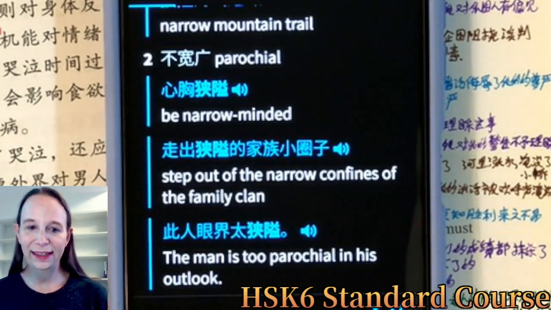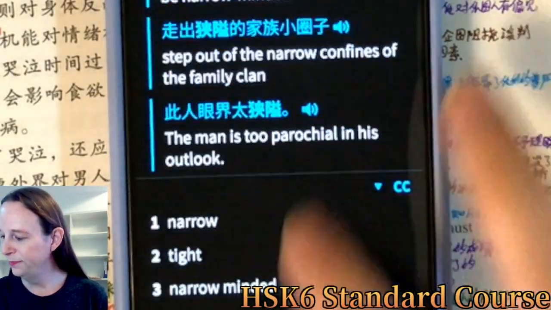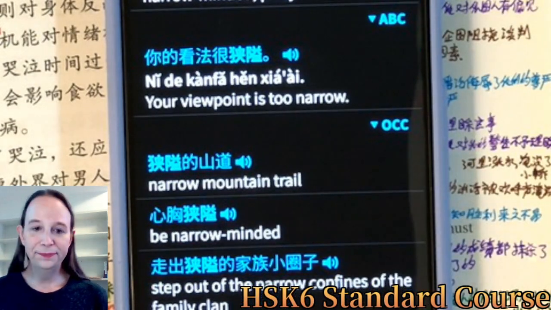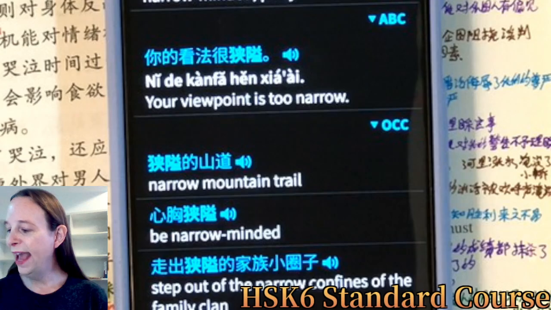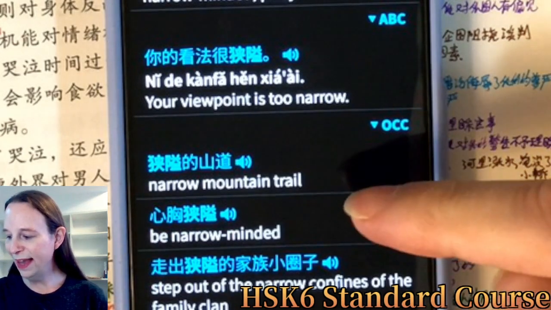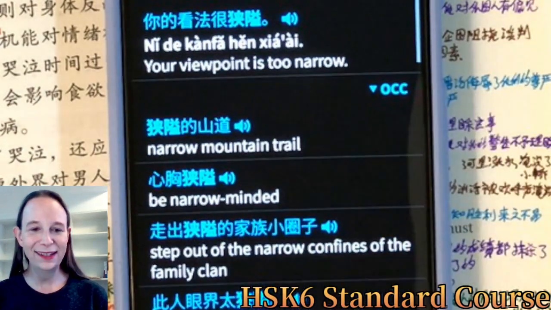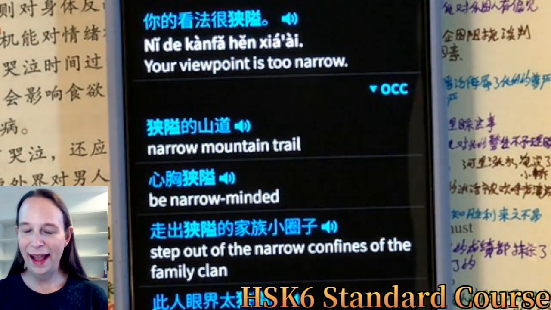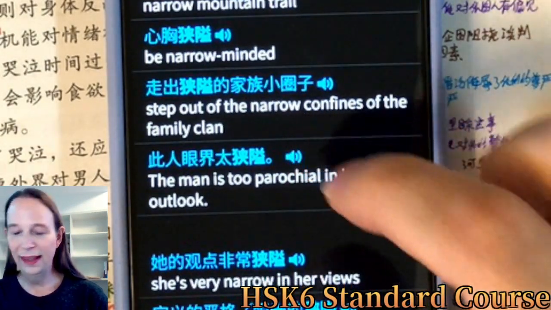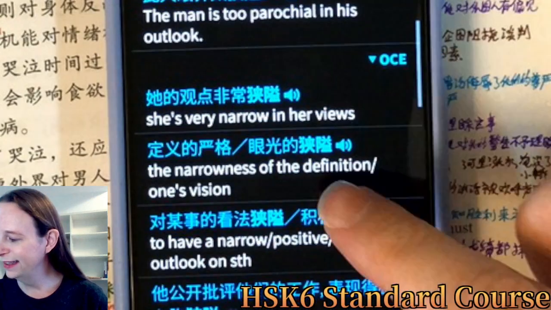The literal one. Field of vision in a non-literal sense, in a figurative sense. 狭隘. All right. So 狭隘 is an adjective. It can describe physical mountains and mountain passes and corridors and things like that. But it usually talks about narrow-mindedness.